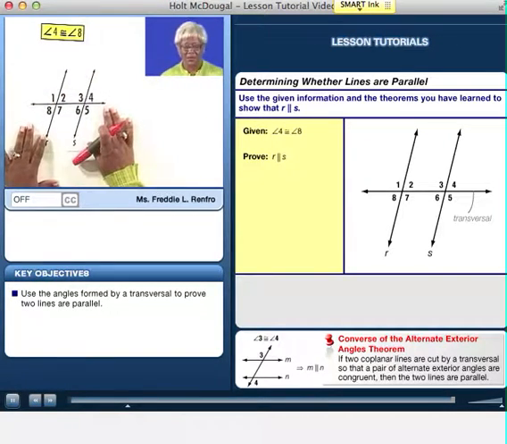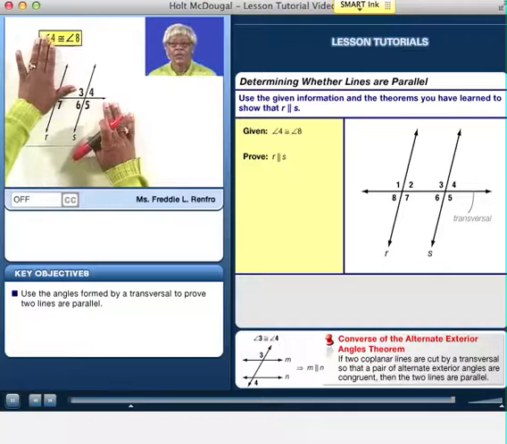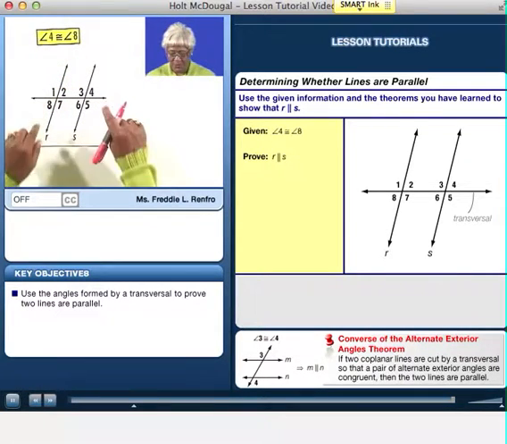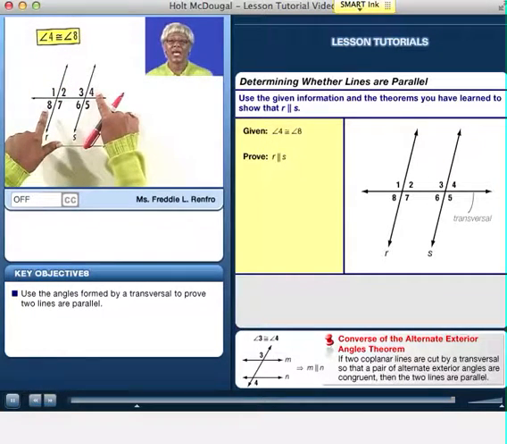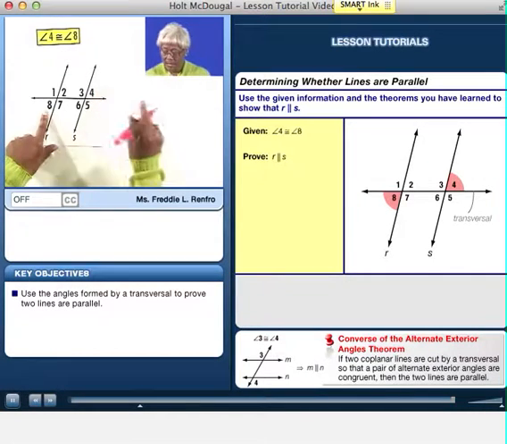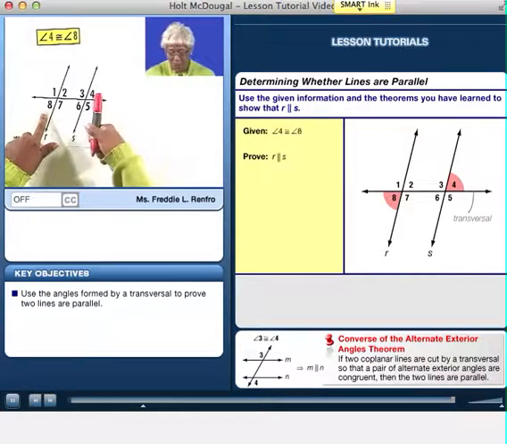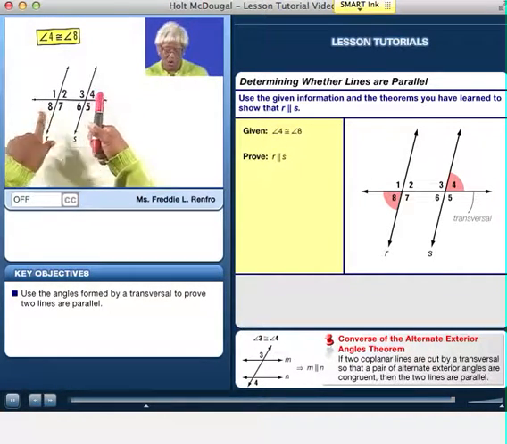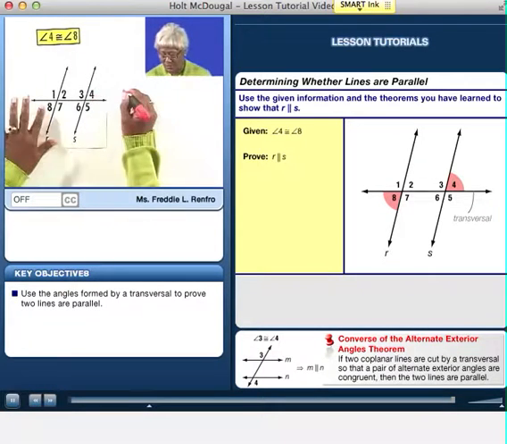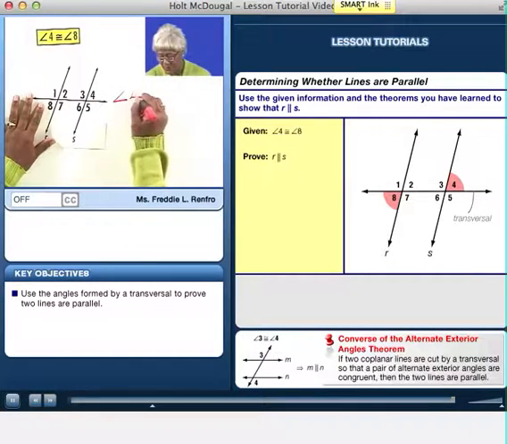Here's my first example. We're given here that angle 4 is congruent to angle 8. Well, look at this. Angles 4 and 8 are alternate exterior angles, and they are congruent.